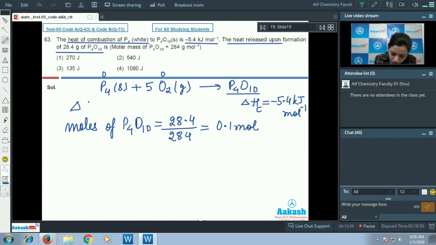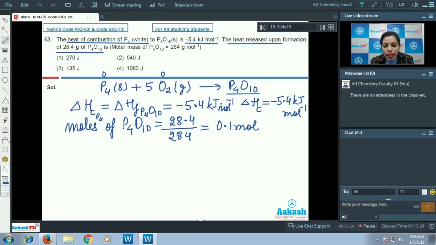So we can represent it as this enthalpy of combustion for this particular process of P4 is equal to enthalpy of formation of P4O10. These two are equal, and that is minus 5.4 kilojoule per mole.